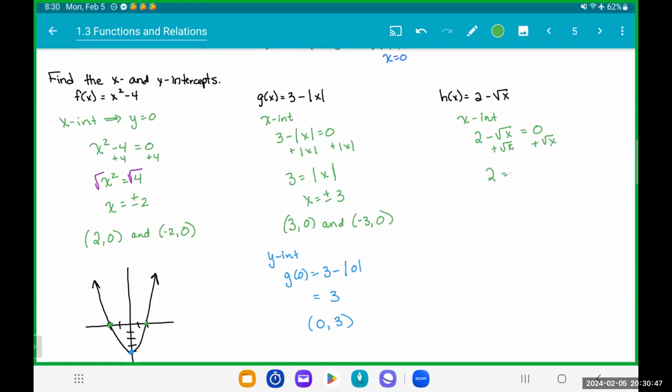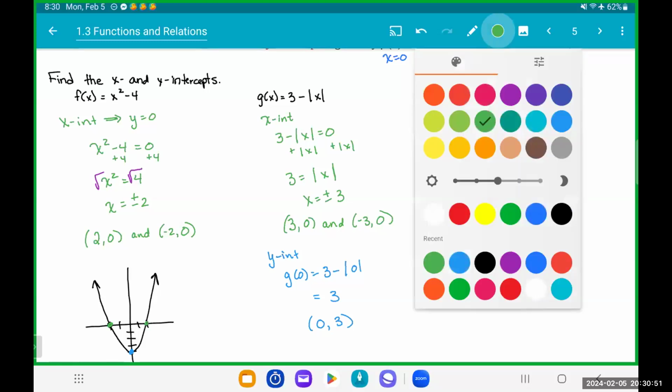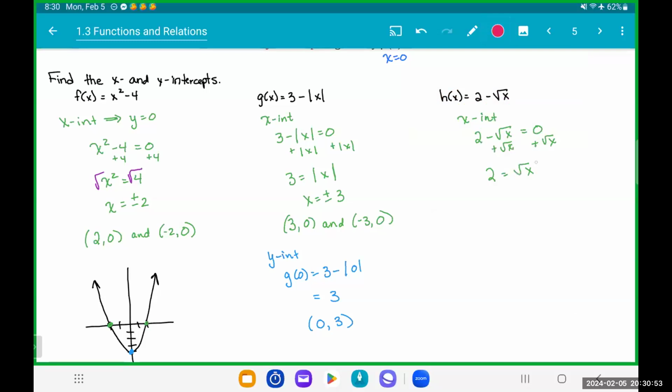So we have 2 equals the square root of x. Now, to get rid of that square root, we need to square it. So whatever you do to the left-hand side, you have to do to the right-hand side and vice versa. So this is going to give me 4 equals x. And therefore, I have that 0 at x equal 4 when y is 0.